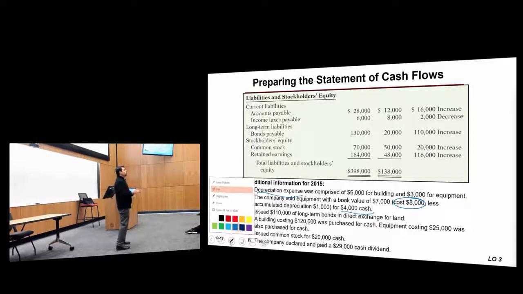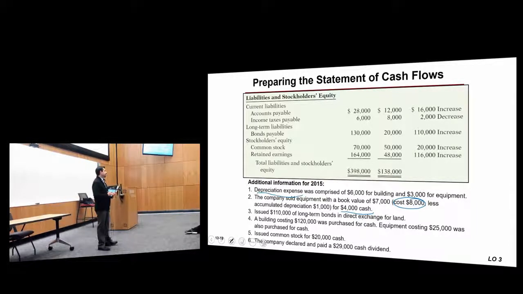Whenever you get confused, take a step back and look at it. What did the company do? The company purchased it for 7,000 or 8,000? Think about it. How much did the company pay? 8,000. So this is cash outflow. When the company sold the truck, how much did they receive in cash? 4,000. This is the cash inflow.